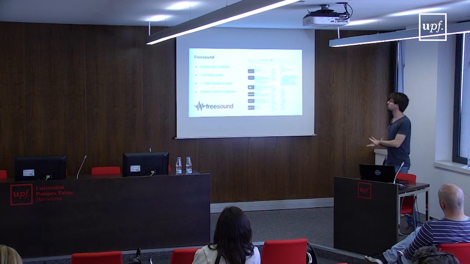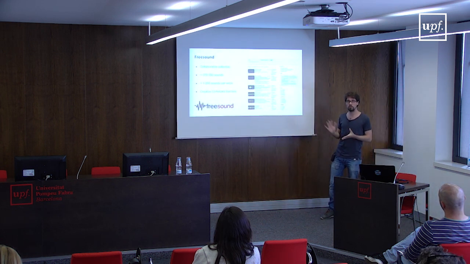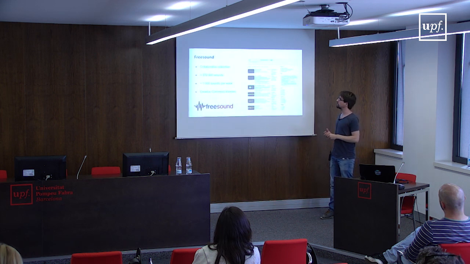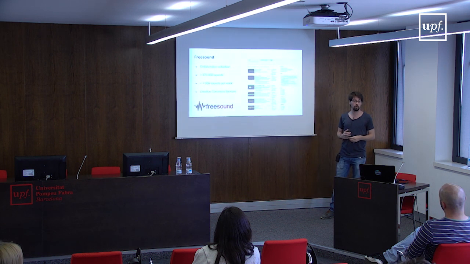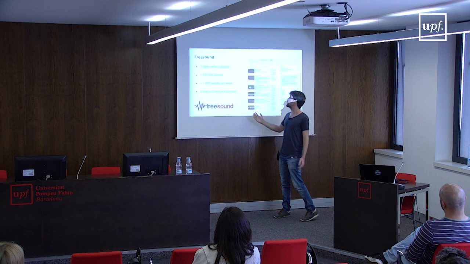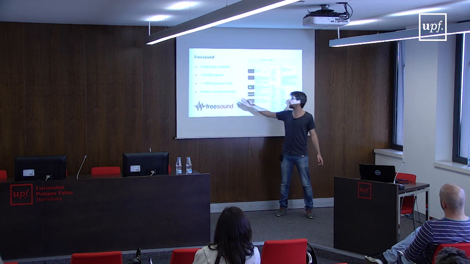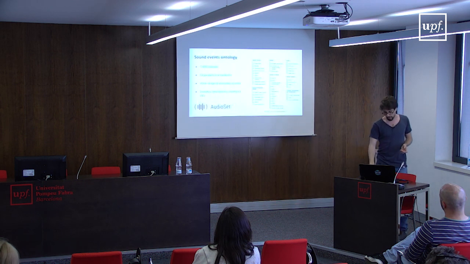So the first thing we need for that is a source of audio content. You might know Freesound. Freesound was created 10 years ago here, and it's a website that hosts collaborative collections of audio samples. It has started to be quite large, and it's quite dynamic, and it's also open. All the sounds are released under Creative Commons licenses.